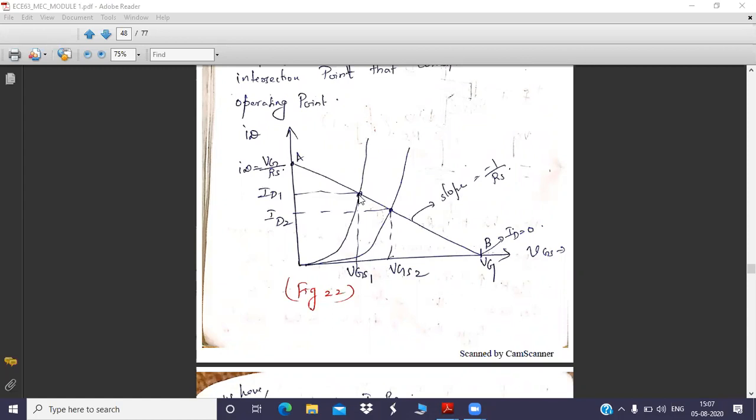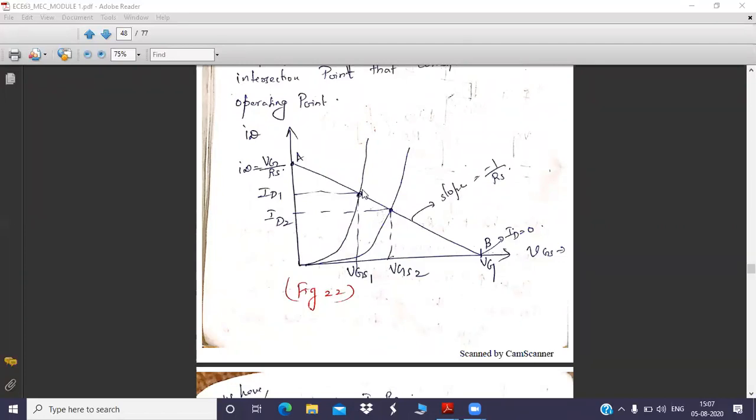Somewhere it will overlap with these two curves. At that overlapping point only, you are marking ID1 and ID2, and corresponding to these on the x-axis, you have marked VGS1 and VGS2. Obviously, this is going to be the Q point for the first case, and this is the Q point for the second case.